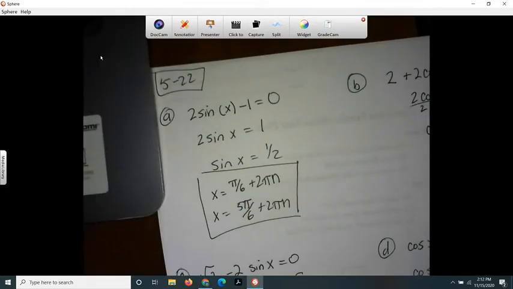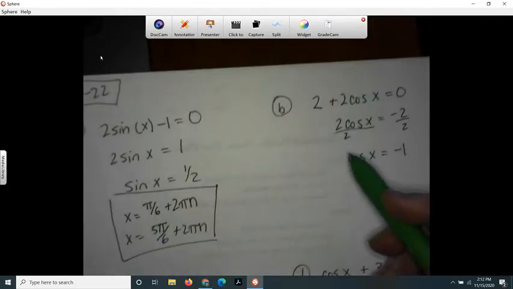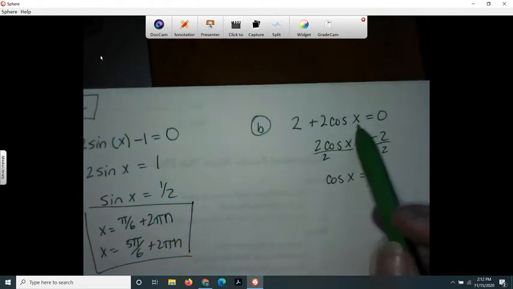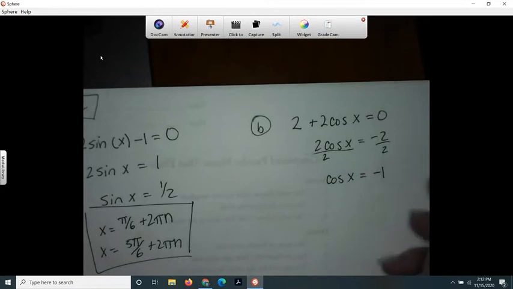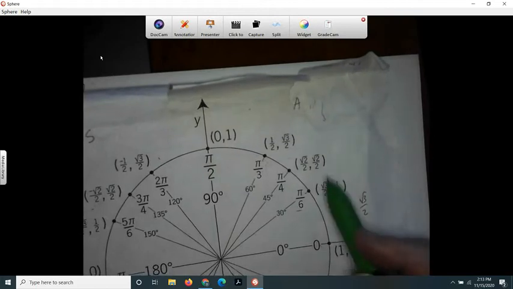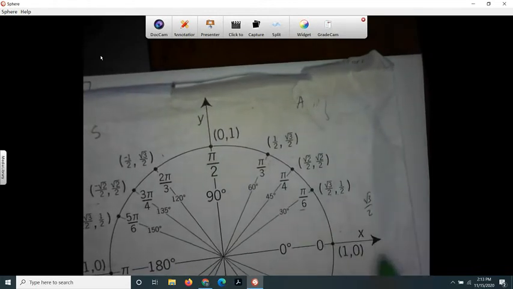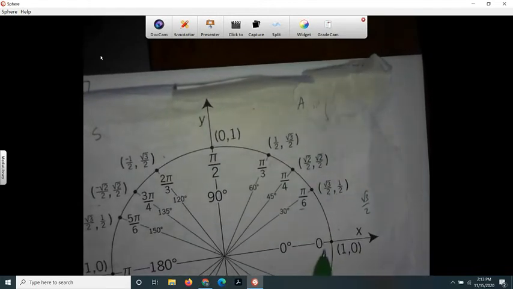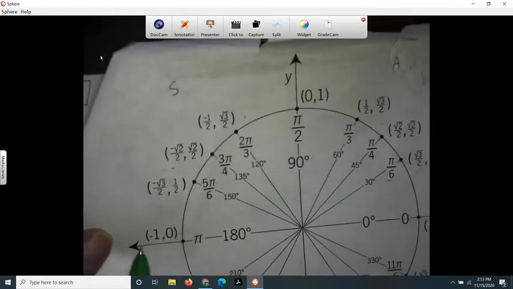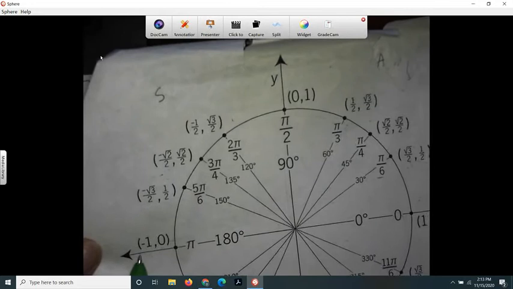Okay, so the next one, we're just going to solve the function. So we're just going to subtract 2 on both sides and then divide both sides by 2. We're finding on our unit circle all the places where cosine x equals negative 1. So cosine is the x values. So really just here. I don't think there's anywhere else. It's just here. So it's just going to be pi.